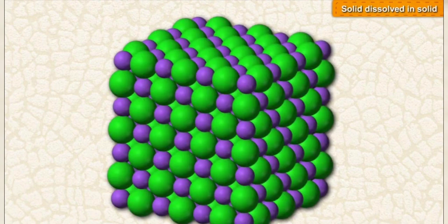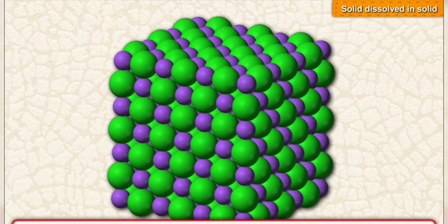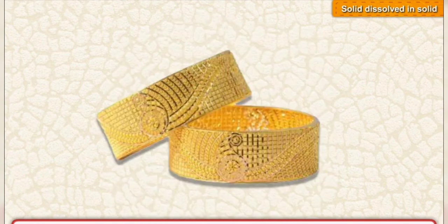Solid dissolved in solid. This type of solution is formed when both the solute and the solvent are solids. Gold ornaments are examples of such solution, as metals such as copper and silver are mixed with gold to make ornaments.